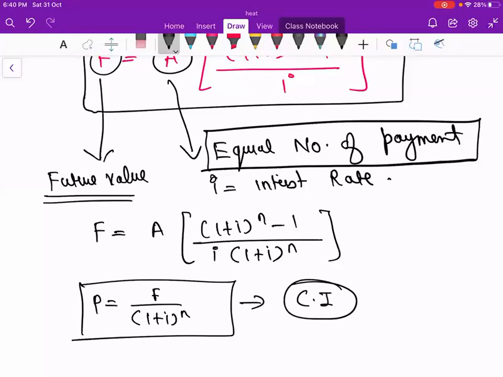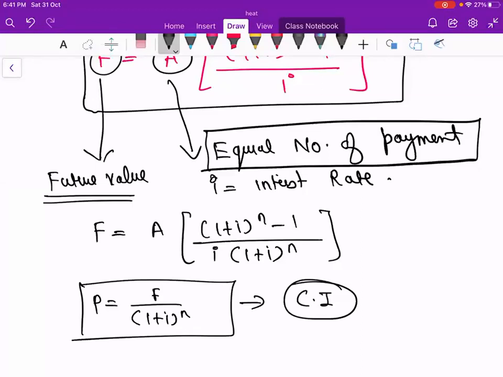They say that compound interest shows that money is a function of time. That is why by default we always use compound interest.